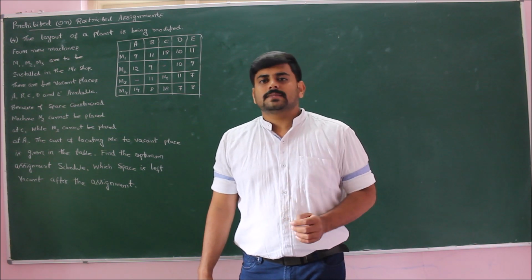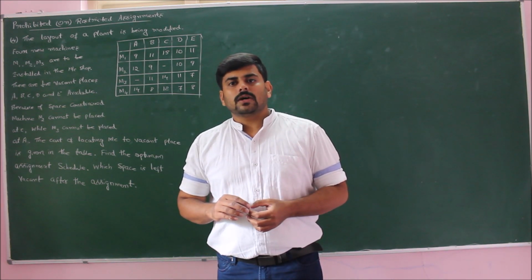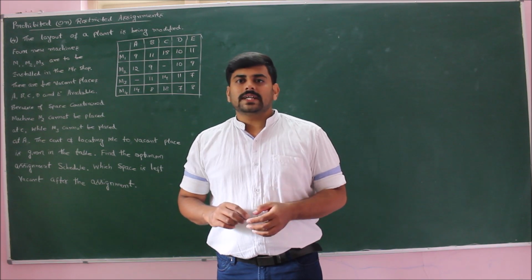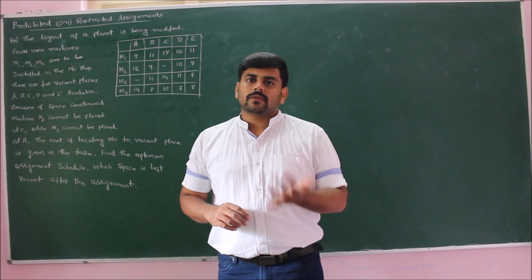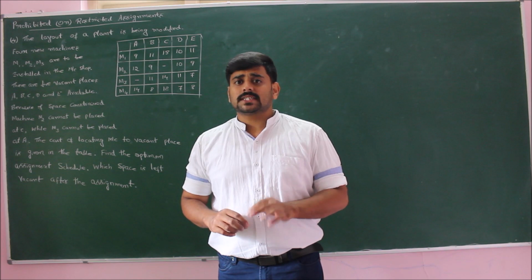If you assign the value infinity, it will never enter the final assignment because the assignment is based on the value of 0. If you have infinity, it cannot be made 0 according to the Hungarian technique we have employed so far. Therefore, assign the value infinity for such restricted places.